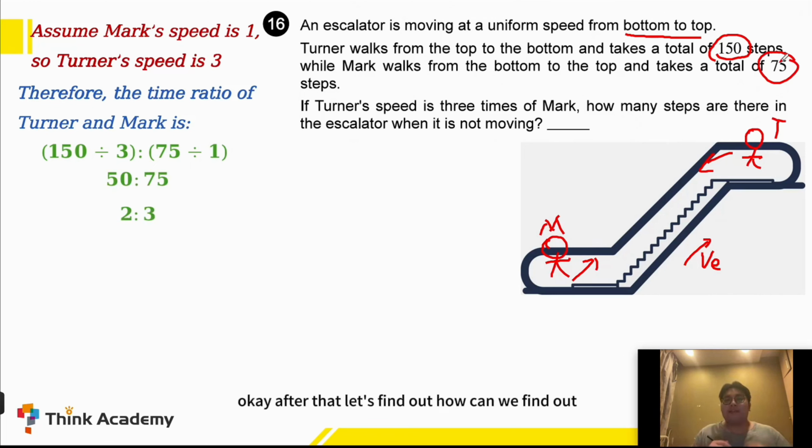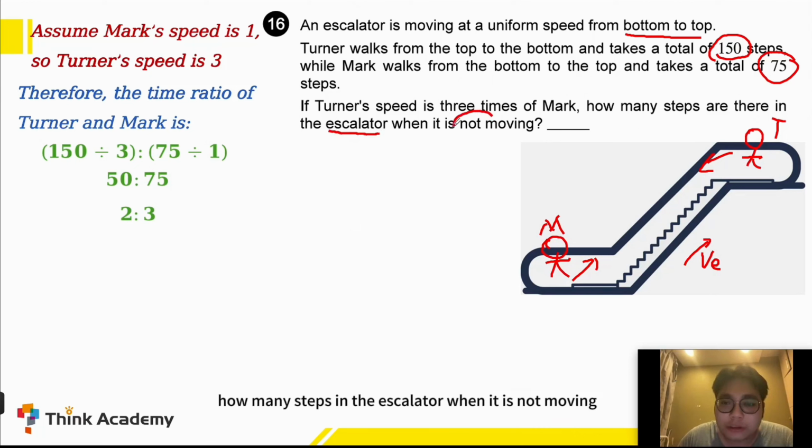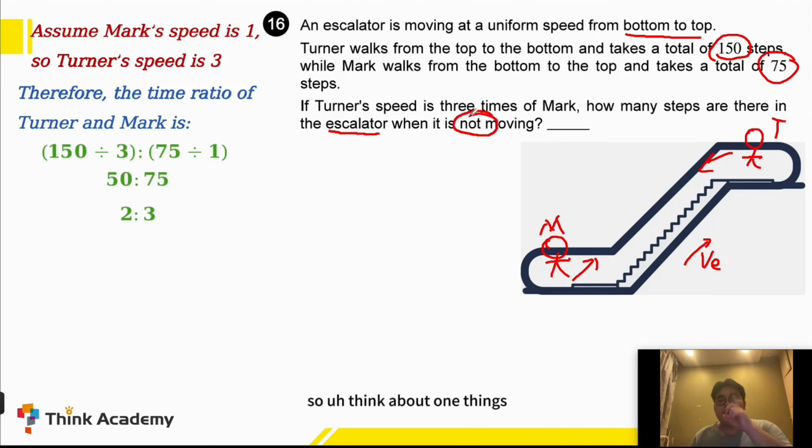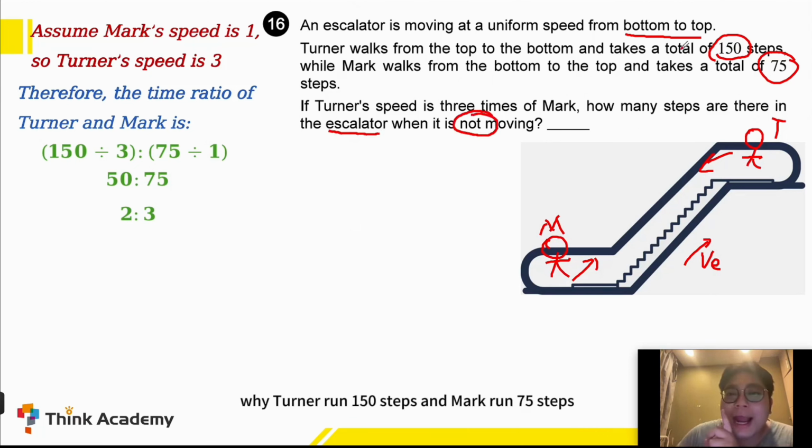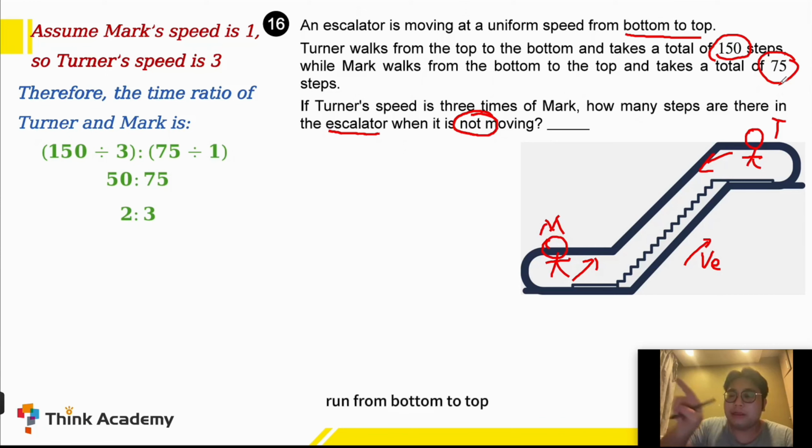After that, let's find out how many steps are in the escalator when it is not moving. Think about one thing: why does Turner run 150 steps and Mark run 75 steps? You see the escalator steps are moving from bottom to top, and Mark still runs from bottom to top.